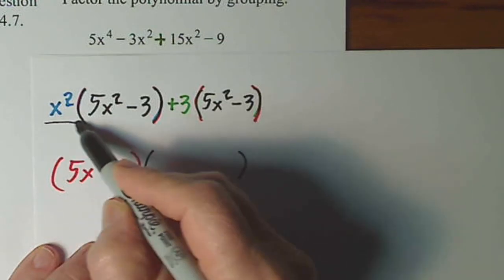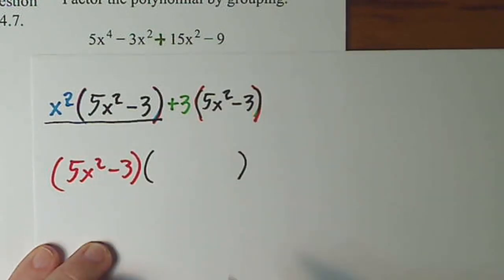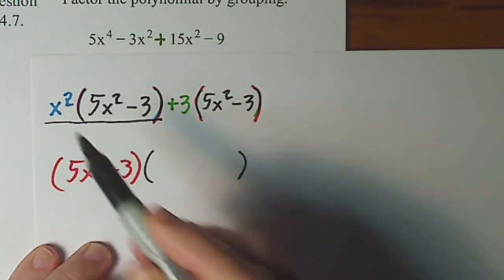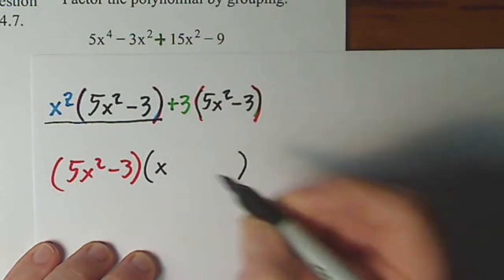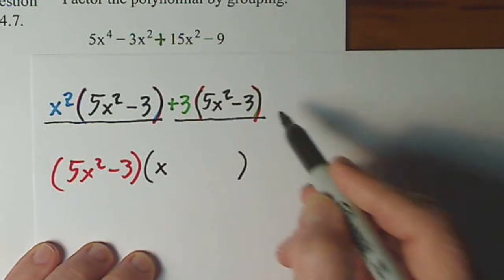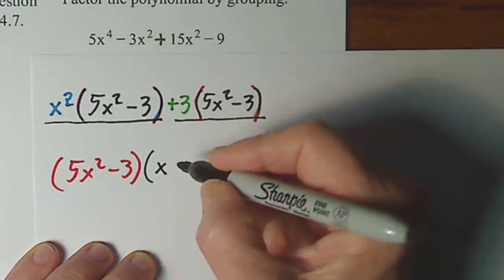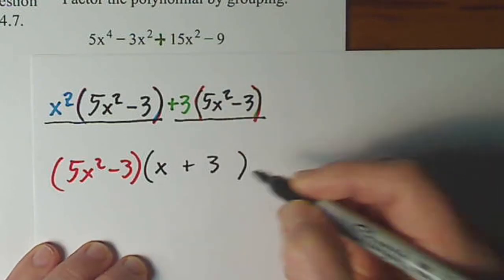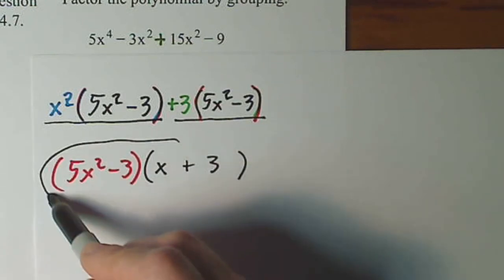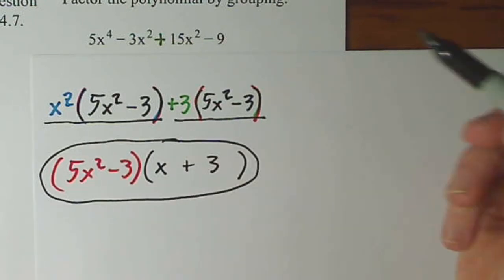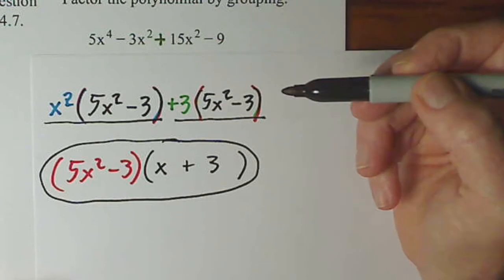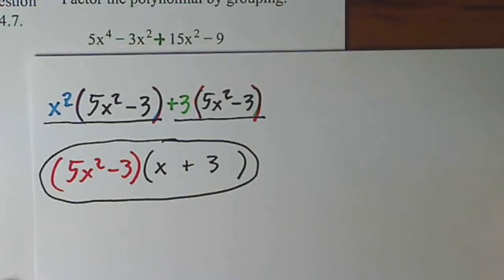If I factor 5x squared minus 3 from here, I'll be left with x squared. If I factor 5x squared minus 3 from here, I'll be left with just that +3. This is the factored form of this polynomial. Alright, I'll do this again just using the box method.